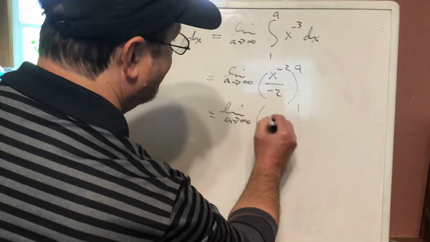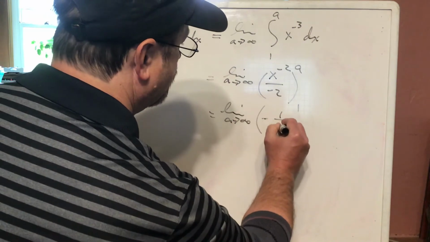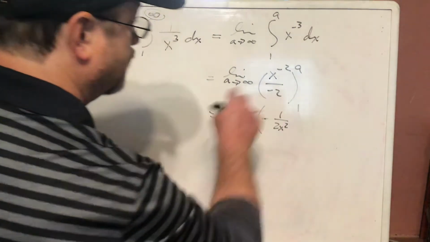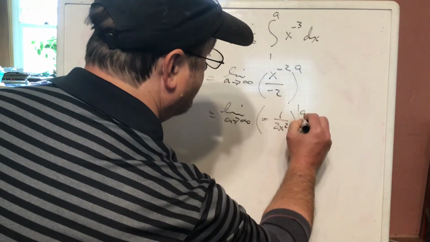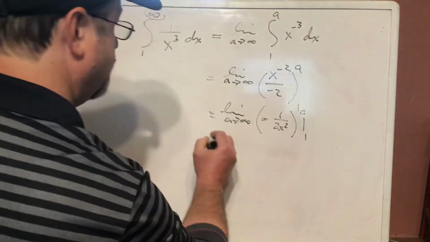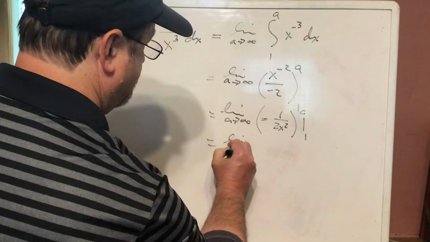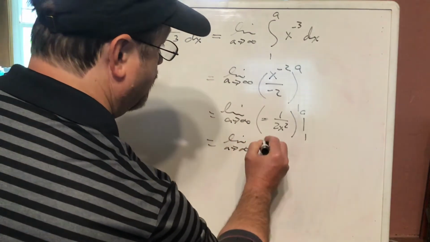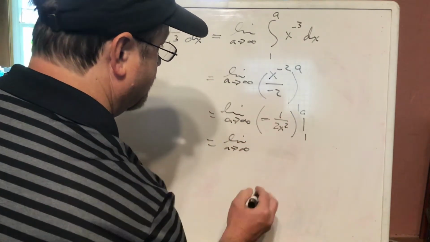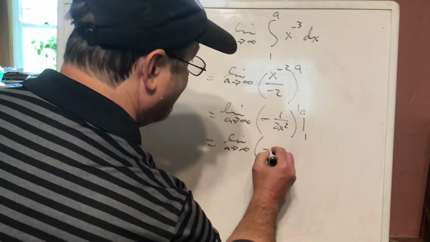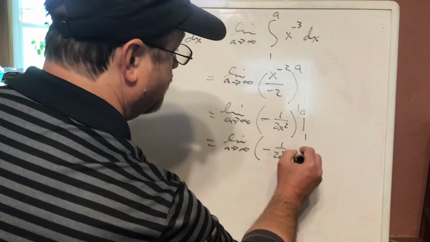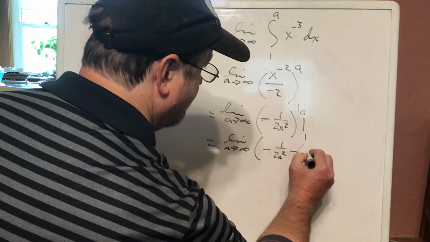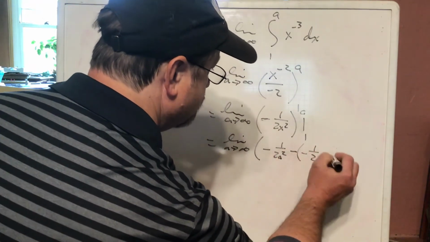I would have negative 1 over 2x squared is really what this is, just another way of writing it, which I want to evaluate at a and at 1. The limit as a approaches infinity. It's a negative, not an equals. I have negative 1 over 2a squared minus a negative 1 over 2 times 1 squared.